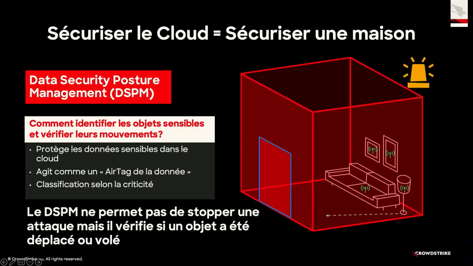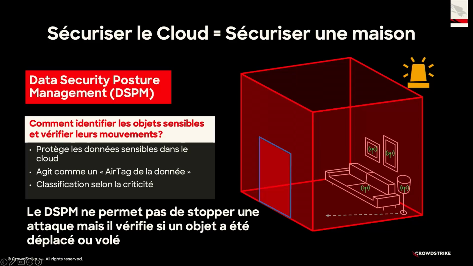DSPM to finish, Data Security Posture Management. Once again, the metaphor is getting a bit far-fetched, but that would be like you put an air tag on valuables in your house. So imagine you have a Picasso, congratulations, in your house.